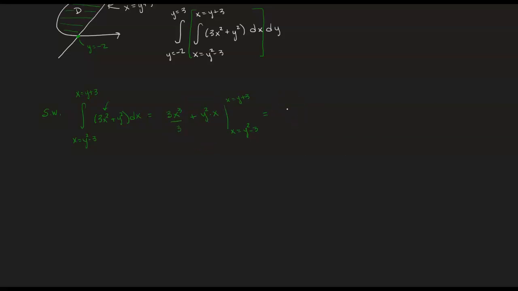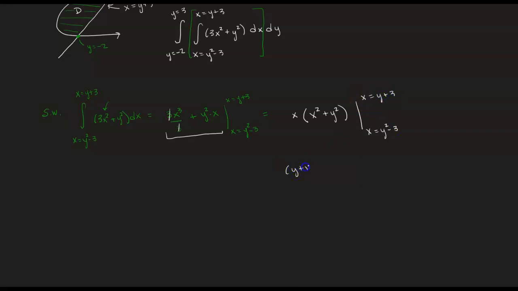Another thing that we can do to try and make things less messy is simplify what we have from our integral the best we can. So let's divide our 3's off, and then also notice that we can factor the x's so that we're plugging in x's in fewer places, although really it's not going to make much difference here. But if you wanted to, you could factor x times x squared plus y squared, and then evaluate that from x equals y squared minus 3 up to x equals y plus 3.